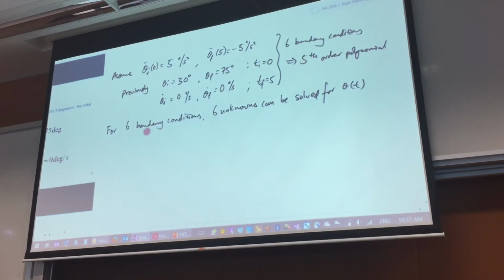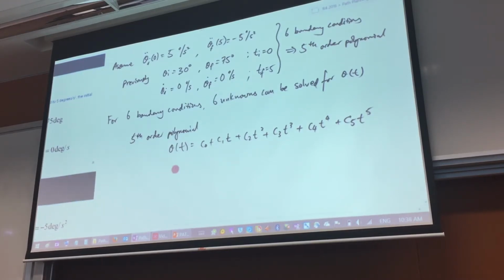So I'll write down that fifth order polynomial: theta t equal to c naught, c1 t, c2 t squared, c3 t cubed, c4 t to the power 4, c5 t to the power 5.